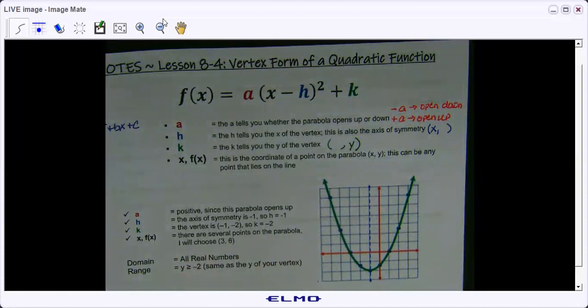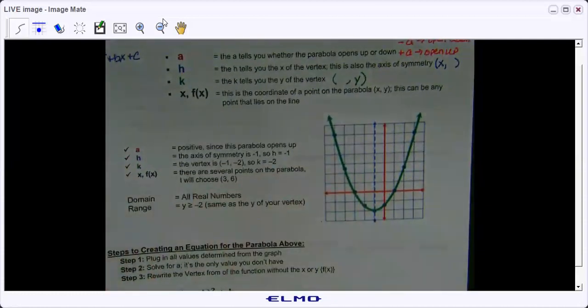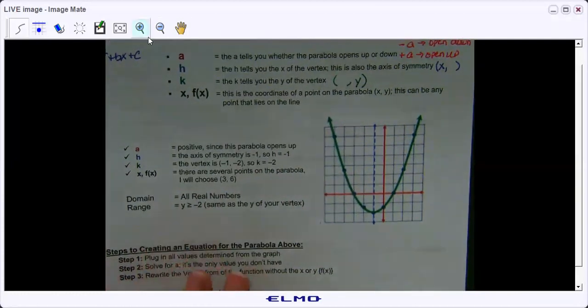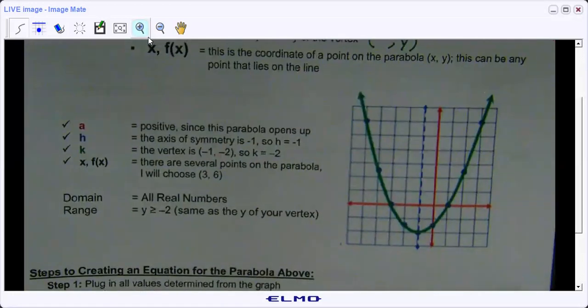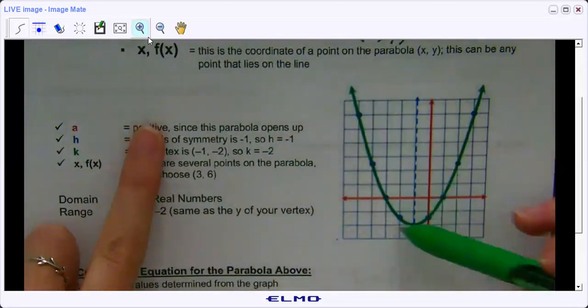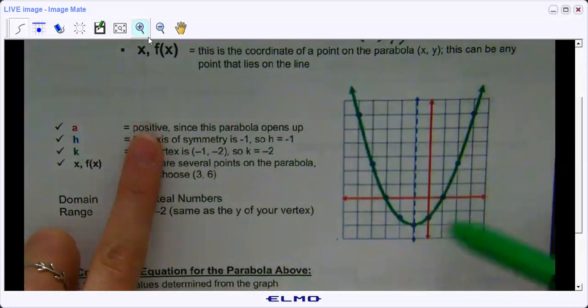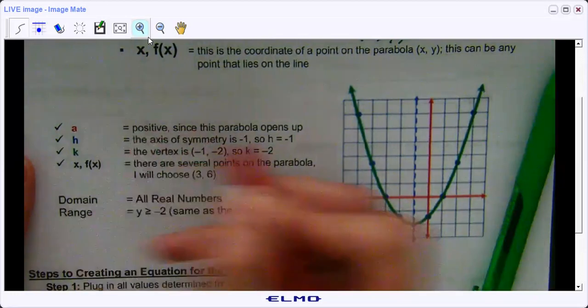And so we're going to look at a parabola right here. I'm going to go over what each of these mean by looking at a parabola, and then we're going to practice graphing them on the next page. So is your A here going to be positive or negative because it opens up? It's going to be positive. Remember, when it's positive, it opens up.